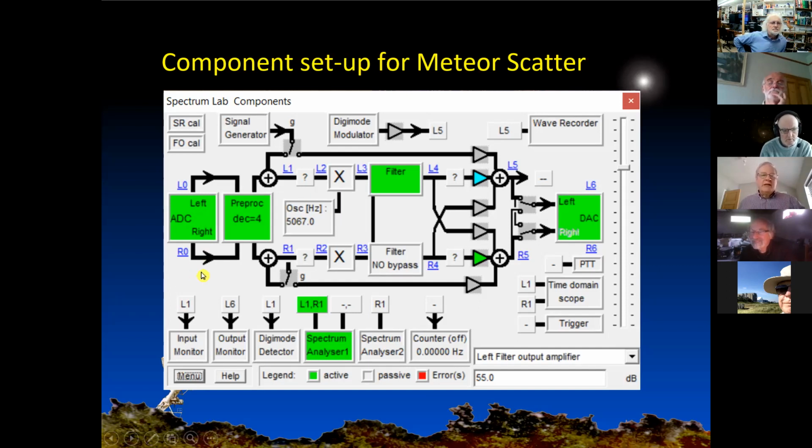Right, okay, so the biggest difference here, just running through it, is we've introduced the preprocessor block here, which is doing our decimation function that I use in Spectrum Lab for this. You can see that there is a new link going from the right chain into the left.